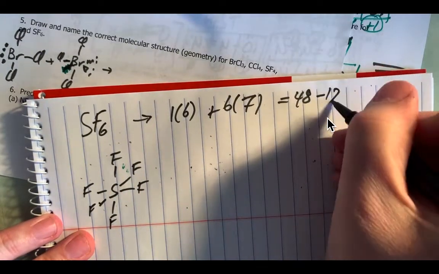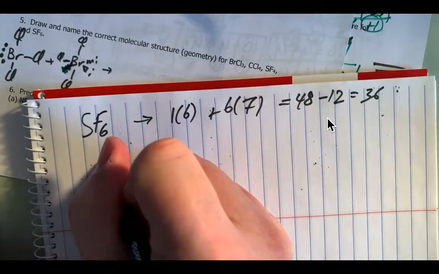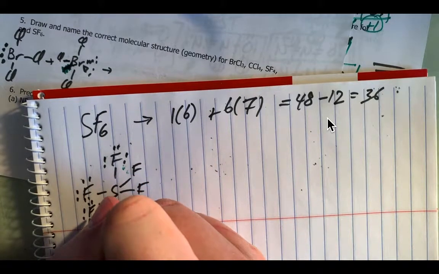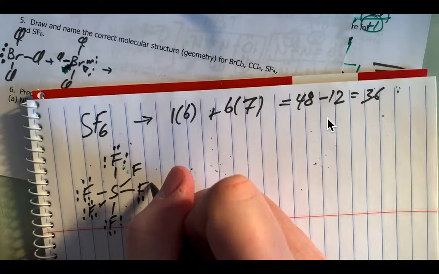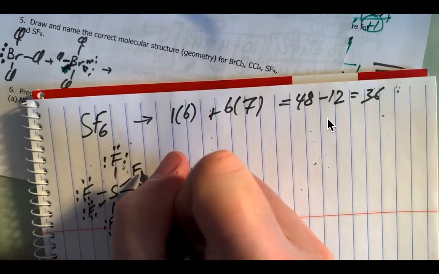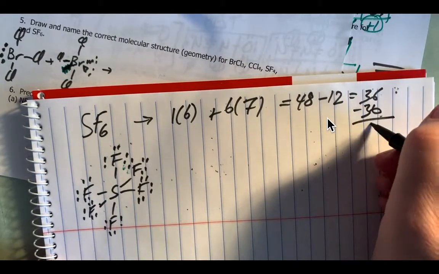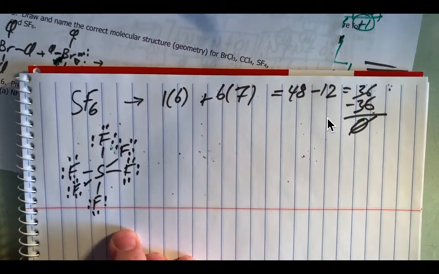So I've assigned 12 of them, leaves me with 36. 2, 4, 6, 8, 10, 12, 14, 16, 18, 20, 22, 24, 26, 28, 30, 32, 34, 36. So I use all of them, and have no electrons left over at the end.